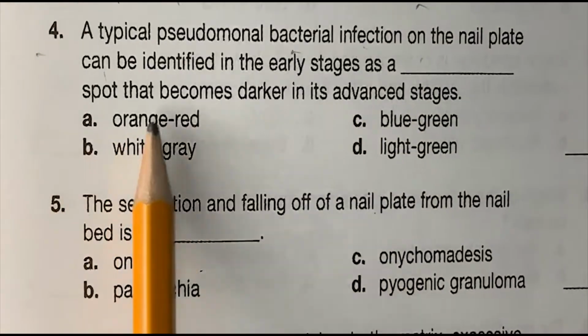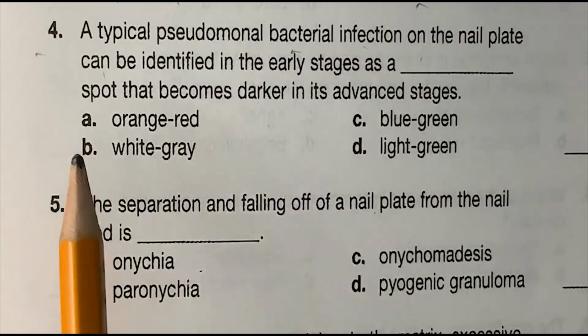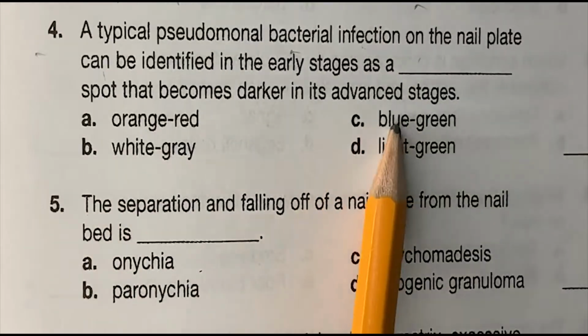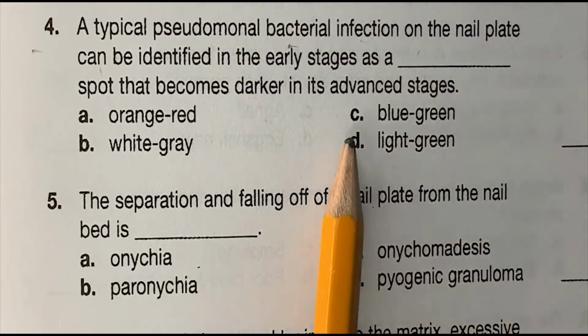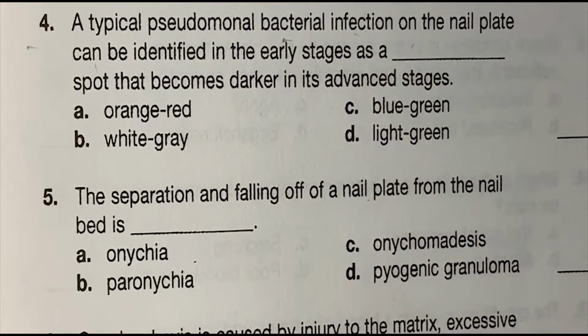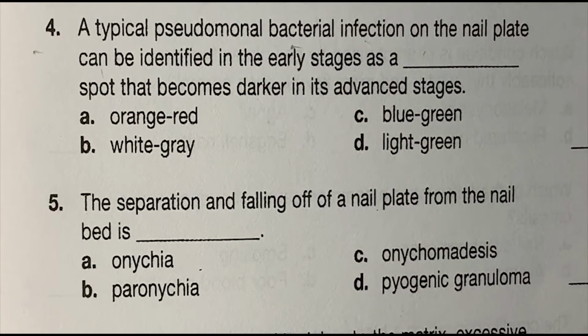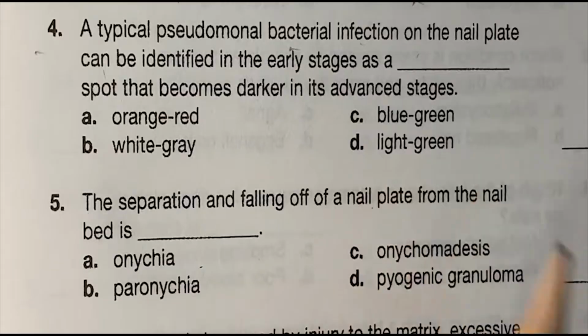Is it A, orange red, B, white gray, C, blue green, or D, light green? And your correct answer is D, light green.